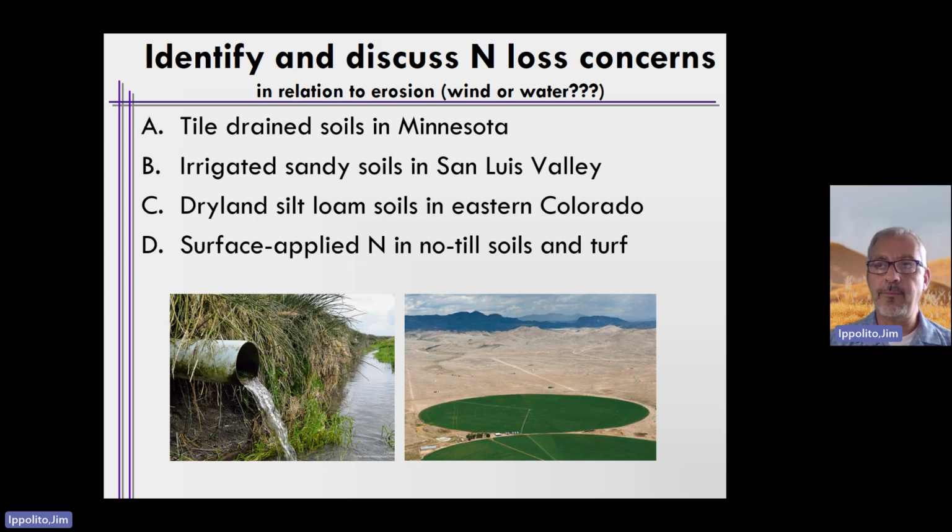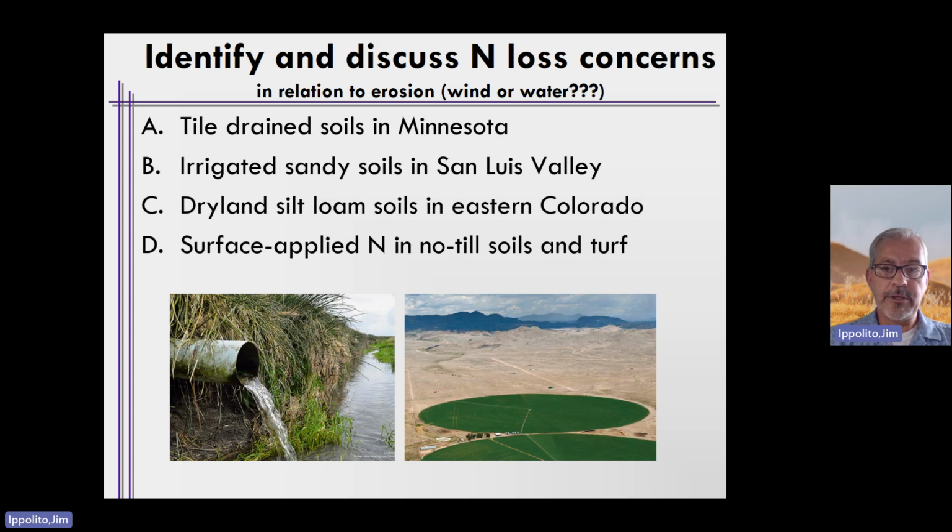In turf, the same thing holds true because there's a likelihood that the fertilizer is not coming in direct contact immediately with the soil. The conversion of any ammonium-based fertilizer, or any fertilizer that has the propensity to convert from some nitrogen form to ammonium, has the option to volatilize.